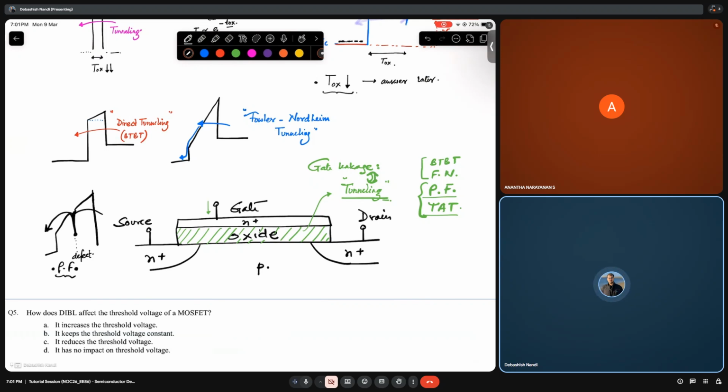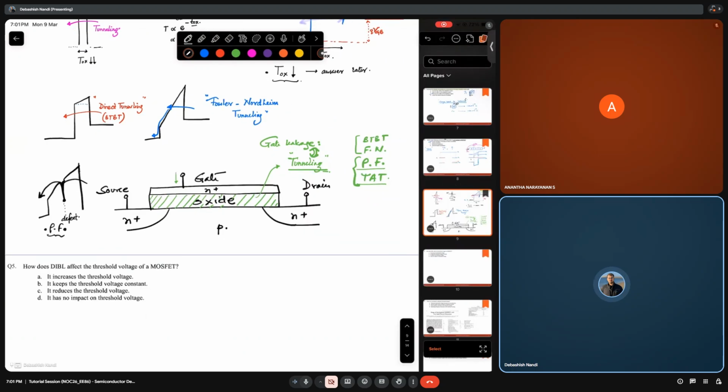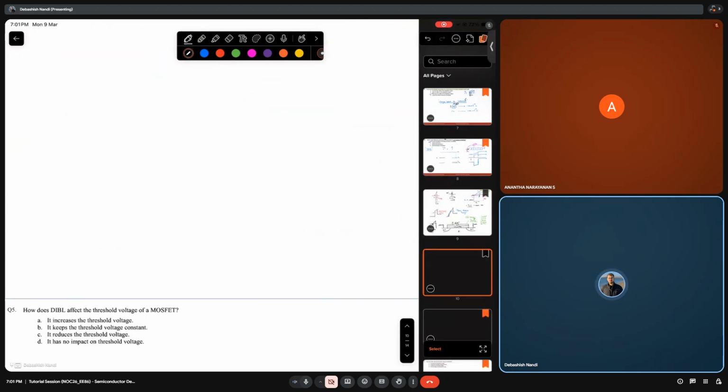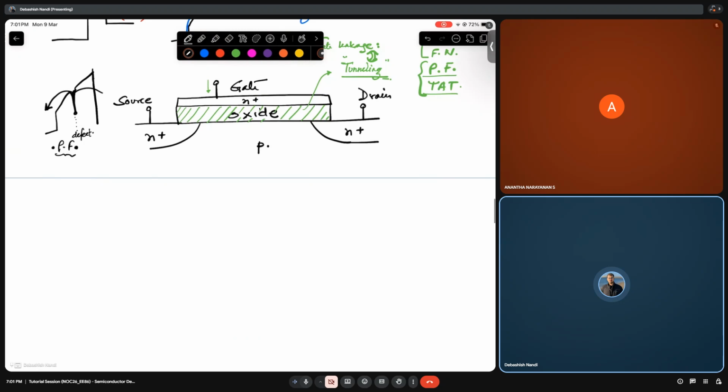Just some additional things if you are interested. Let's say there are two points, point 1 and point 2. You need to find the tunneling probability.